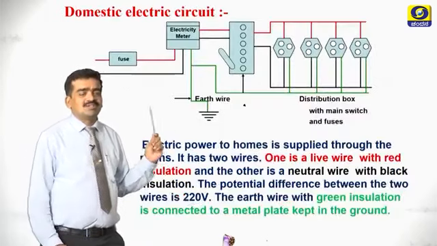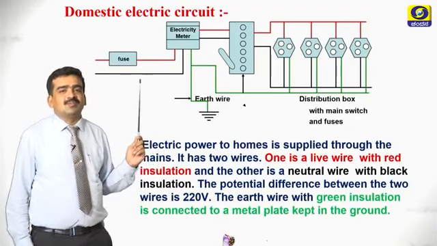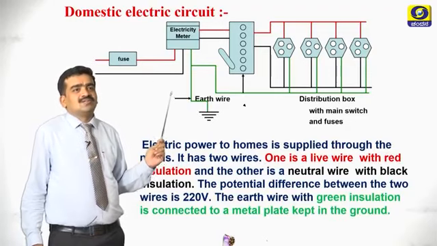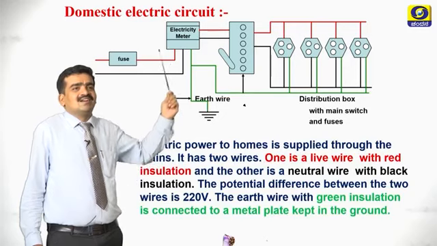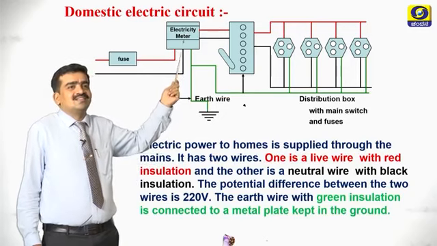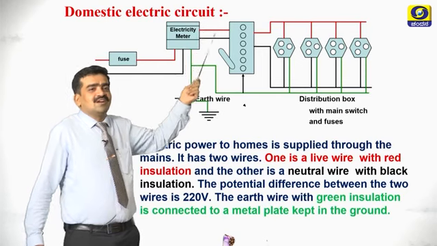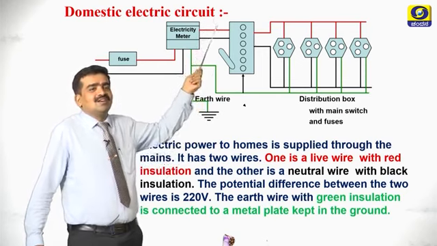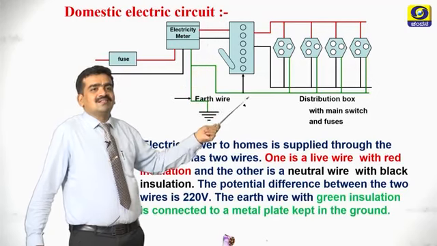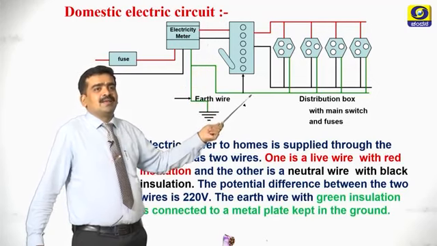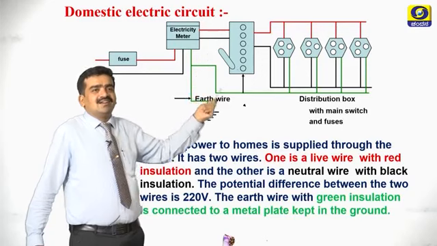Now come to domestic wiring, a very important topic of the lesson. As you all know, a fuse is installed in the domestic circuit, and an electric meter, you can see, and there are 3 different wires. One is a live wire, another is a neutral wire, another is the earthing wire or earth wire. These are indicated in different colors.